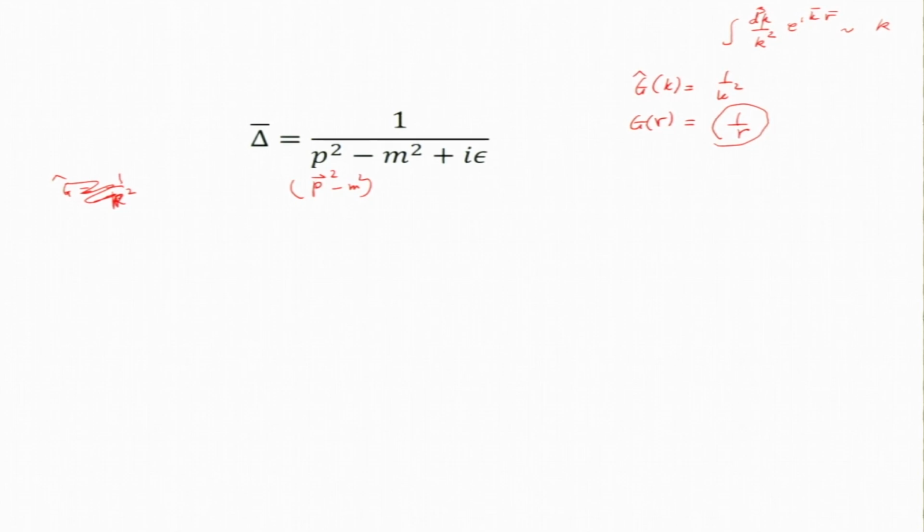Now, there is a plus here actually: omega squared minus k squared minus m squared. Okay, so k squared plus m squared. This one I mentioned in my lectures is going to be 1 over k squared plus m squared, which leads to exponential of minus mr by r.